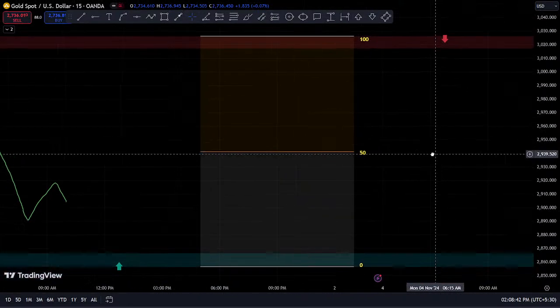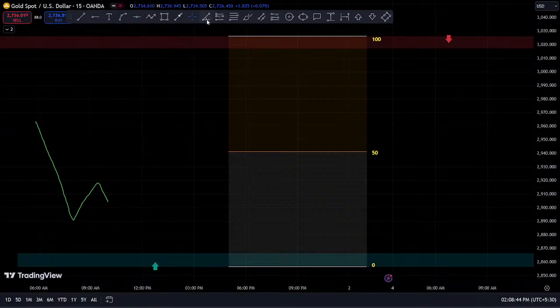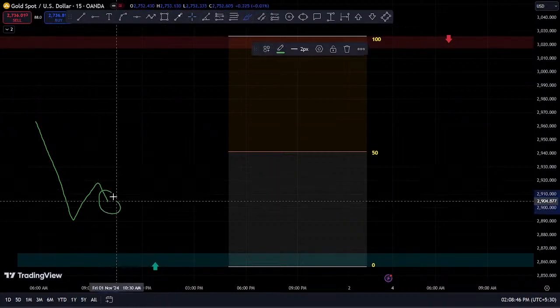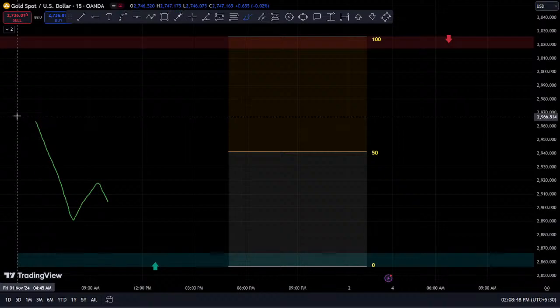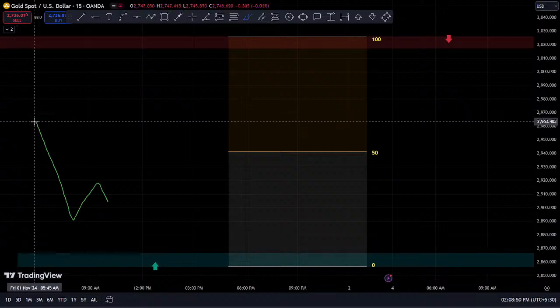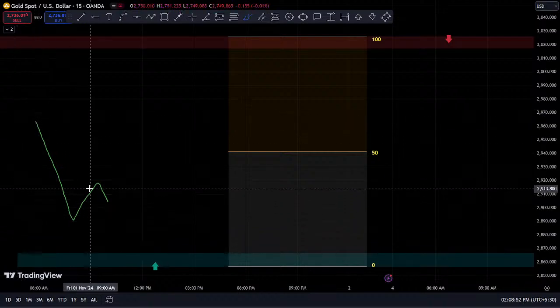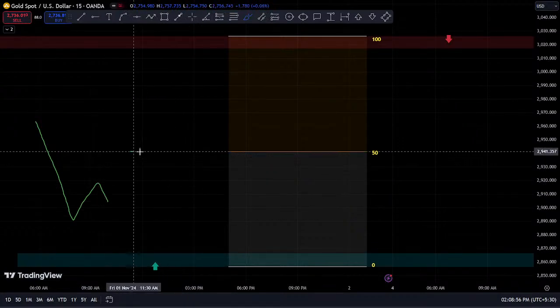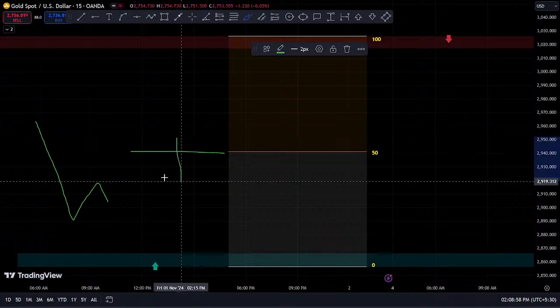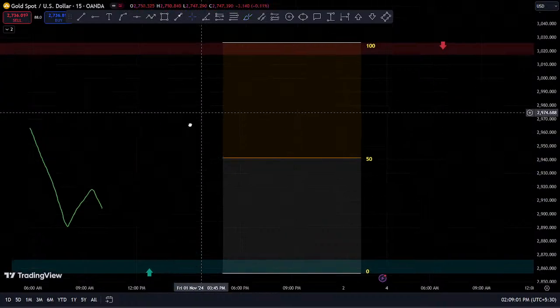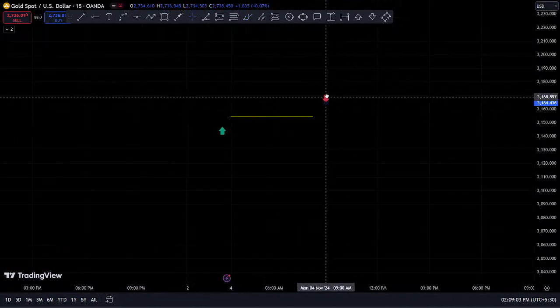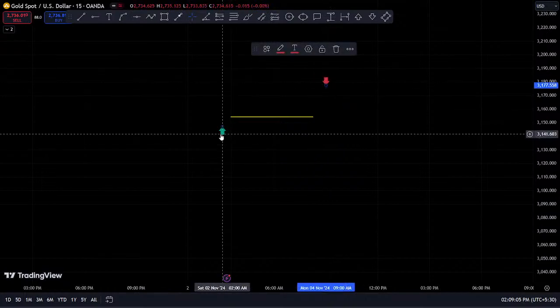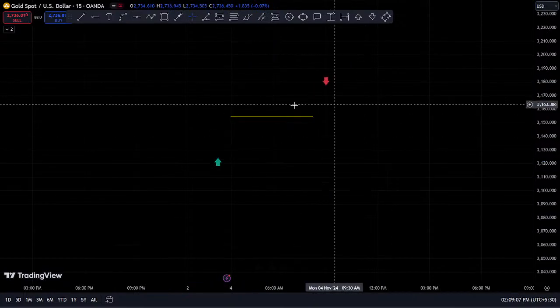So let's imagine price is somewhere around here right now. What does this indicate? Price has been consecutively falling. It fell a bit, it pulled back, and it is now falling. Does it come under this 50% level? Yes, it does. What does this mean? That there are more sellers and fewer buyers.